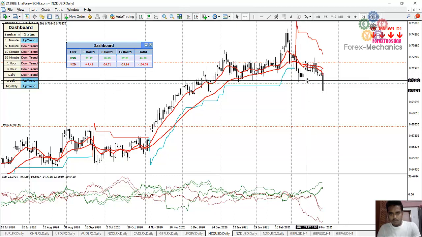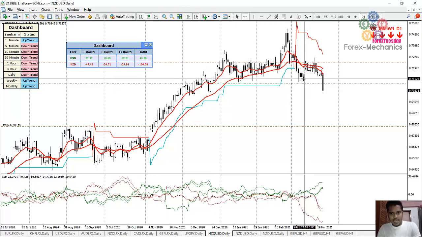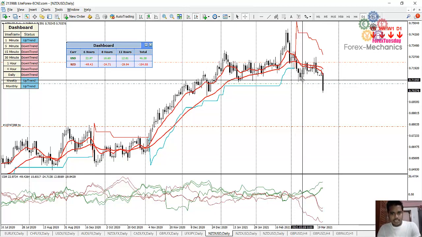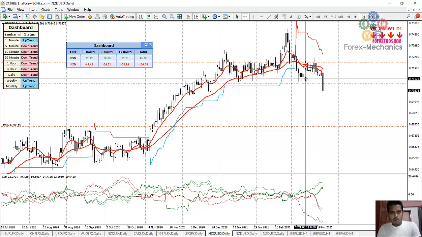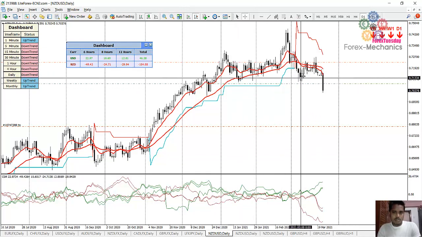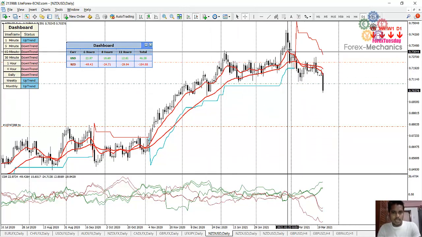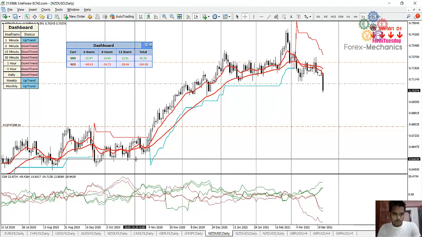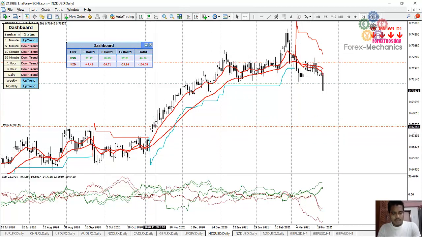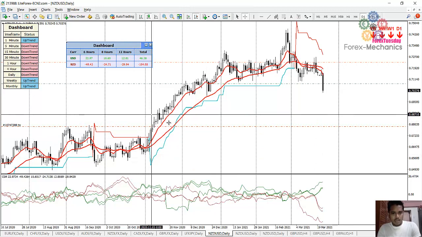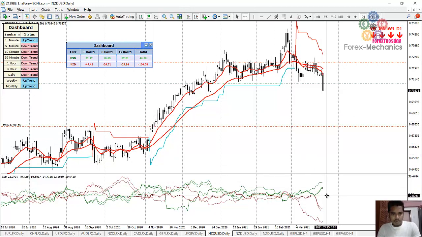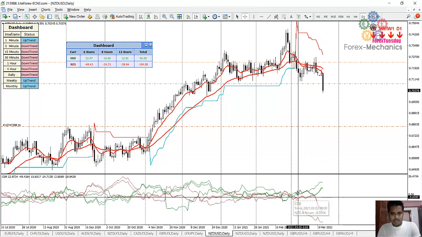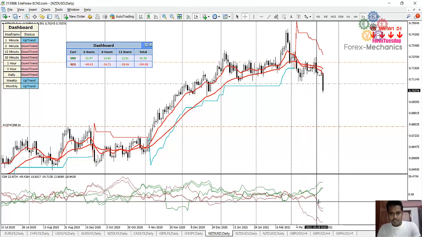So this for me was the most recent level of support, and any break from this level would trigger a sell-off. Now, even before I really get into support or resistance, I'm simply looking at the moving average crossover. So you can see here when these two moving averages crossed back then. Now this is tracking it in real time. So you can see this price action today.